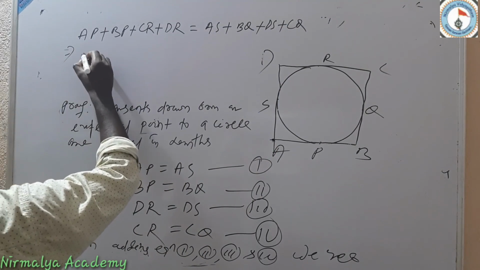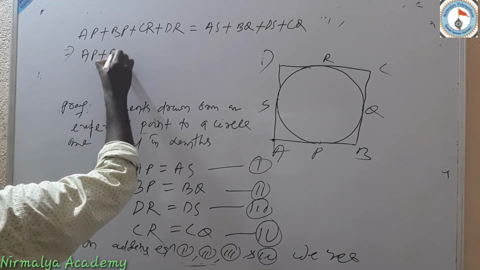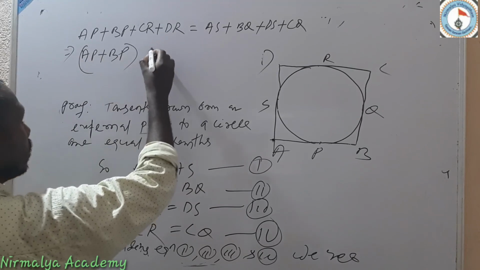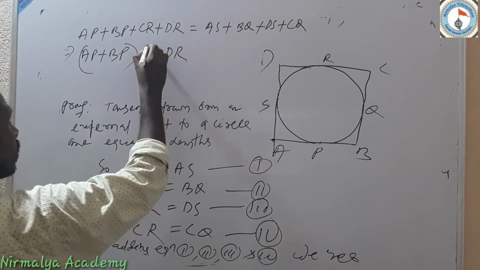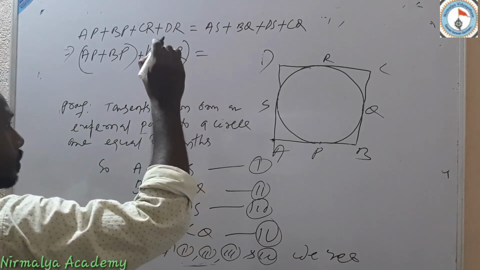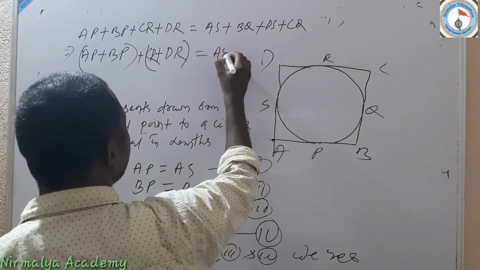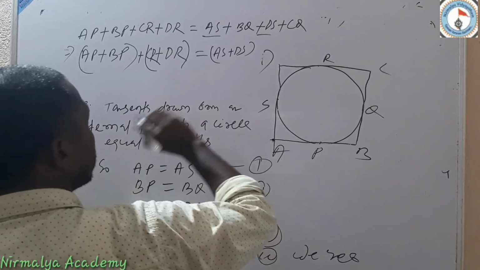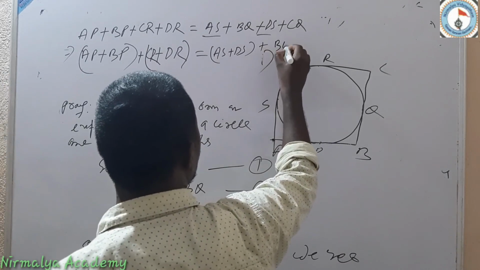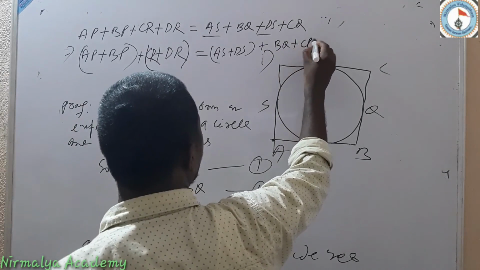Then on rearranging, we get AP plus BP, then plus CR plus DR, that equal AS plus DS, plus BQ plus CQ.